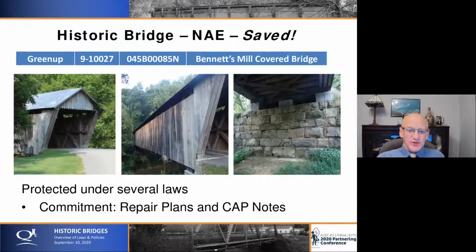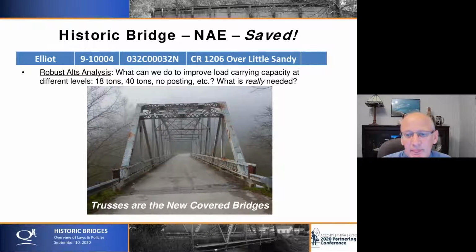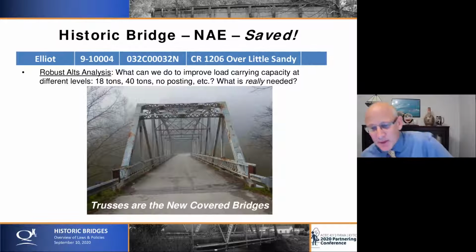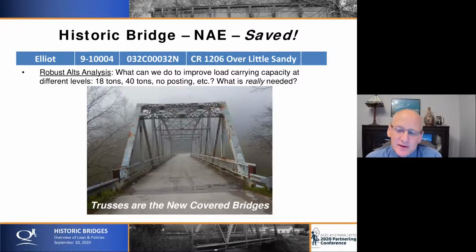So, covered bridges. We all know covered bridges are historic and protected not just by Section 4(f) and 106, but there are other laws that protect them too. We all know that, but I want to use this slide as a transition to talk about truss bridges. Because truss bridges are the new covered bridges. We are losing our truss bridges around the state.